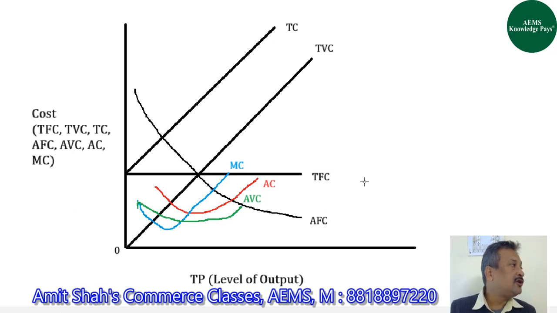Average variable cost curve can never be above average cost, because in average cost we also have component of fixed cost. Clear? Good. Marginal cost and average variable cost, they both start from the same point. If you see in the schedule, very first time they both were 10. Marginal cost curve also cuts average variable cost curve, maybe at its lowest point, may not be.